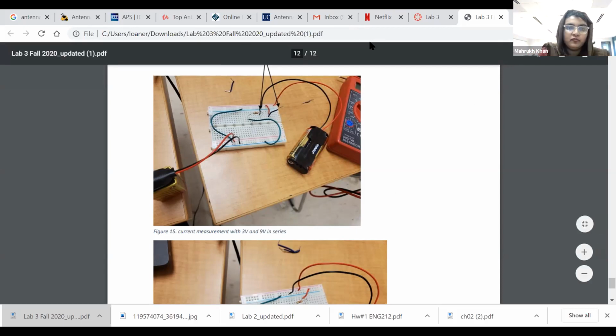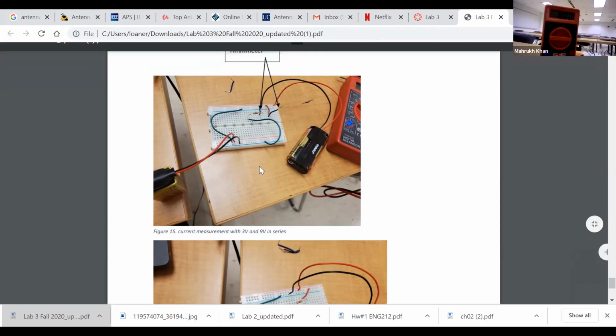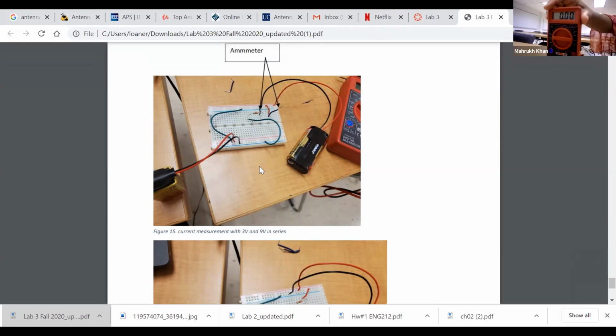And let me move my camera. This is getting dark.